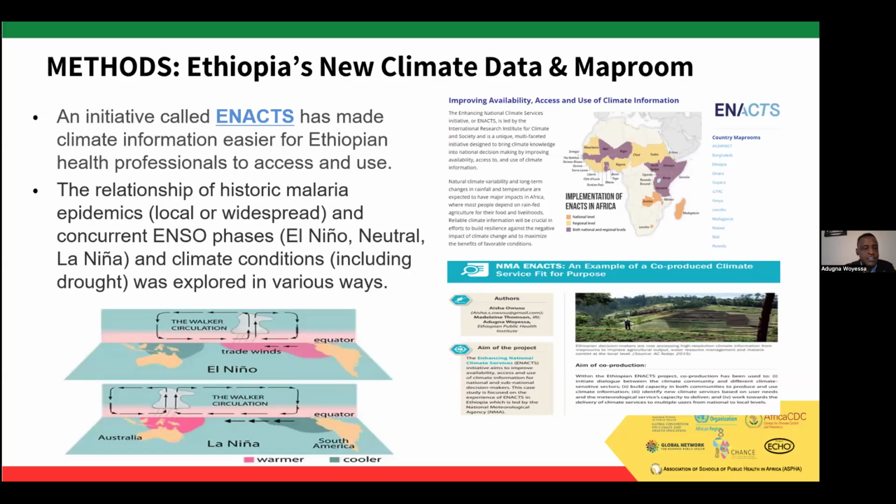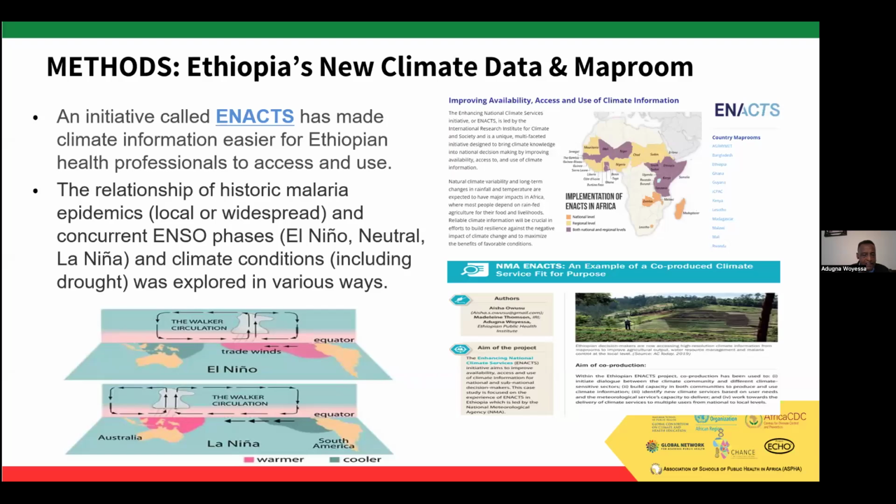So the relationship of historical malaria epidemics, local, when we say that, is in a limited area, and widespread, that is covering wider areas, how this is concurrent with ENSO phases, that is El Nino, neutral, and La Nina, and how climate conditions, including drought, was explored in various ways.